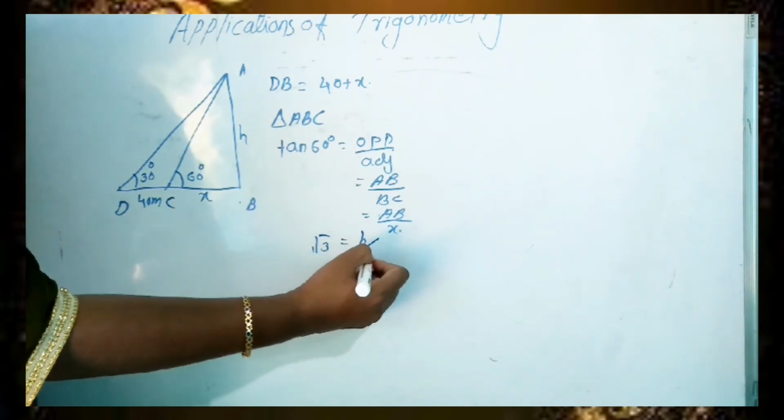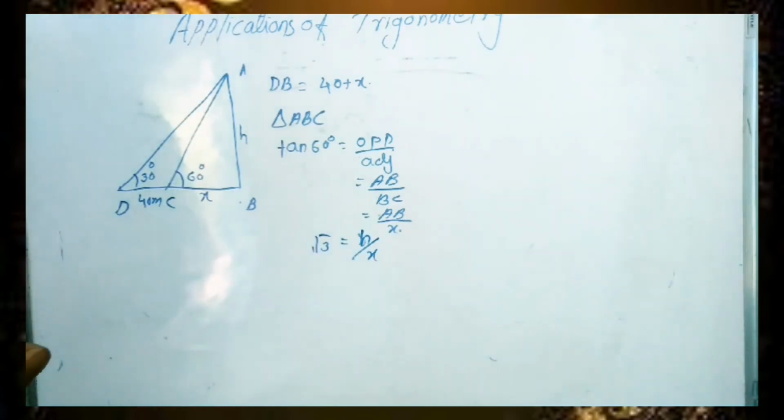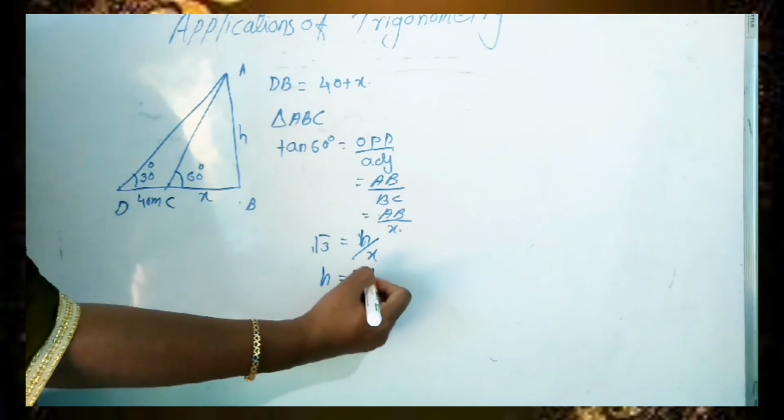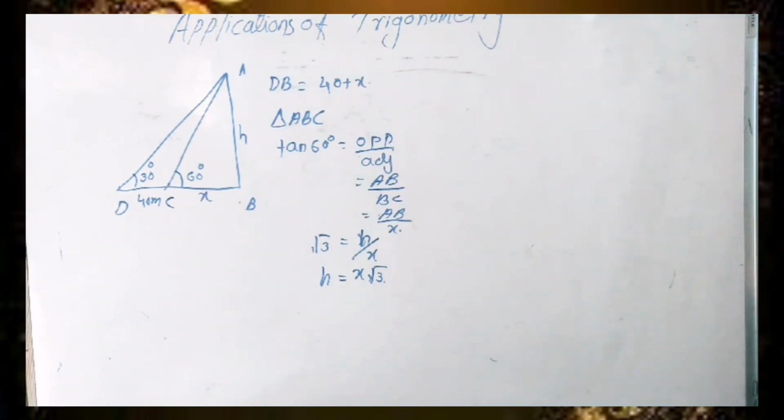Root 3 is equal to H by X. That means H is equal to X root 3. From one triangle, we got H is equal to X root 3.